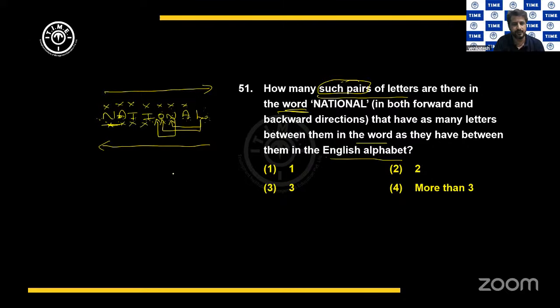So how many pairs are there? 3 pairs. What are the 3 pairs? LN, LO, NO. Choice 3. So simply compare the given word directly with the English alphabet. That is the best way to do it. Right. Let's see the next question.